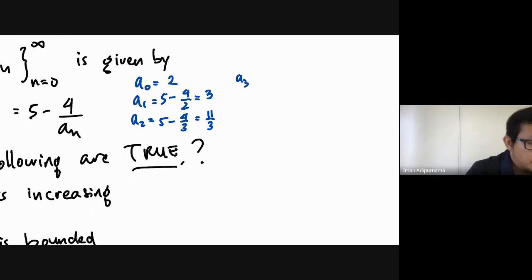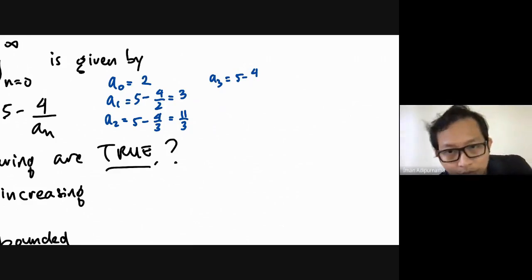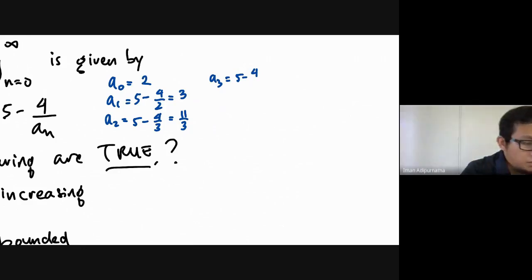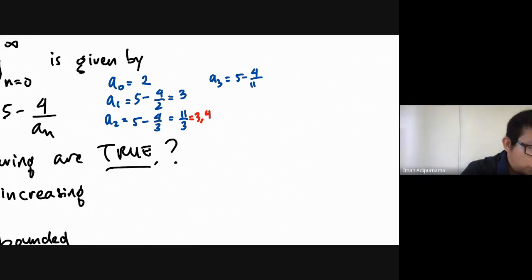Then try A3, which is 5 minus 4 over 11 over 3, around 3.4 or so.